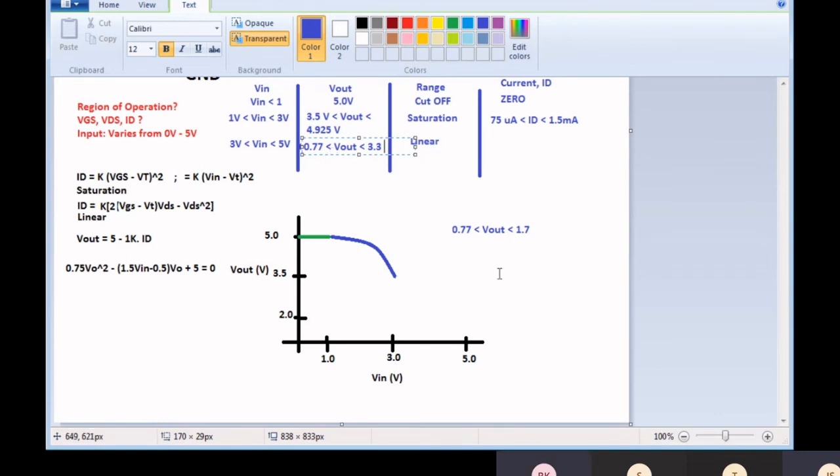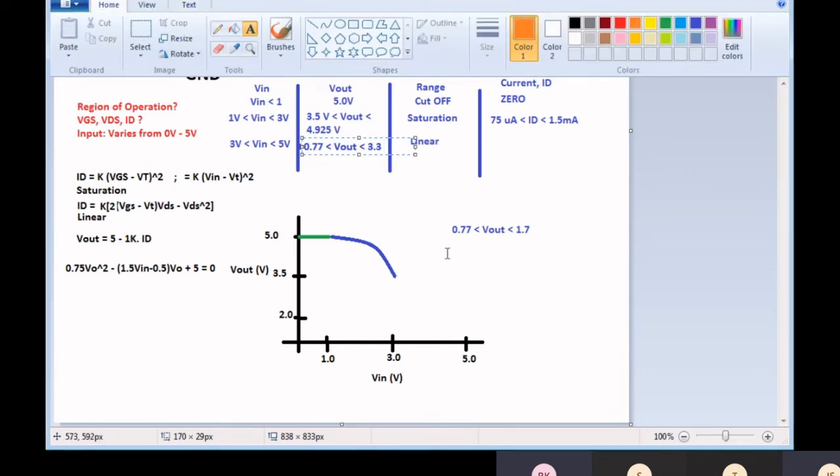If you have a doubt, tell me. Okay, at 0.77 volt, whatever current I am getting is like 4.26 milliamps. Come again. At V in equal to what value? V in equal to 5 volt. V out is 0.77 volt.